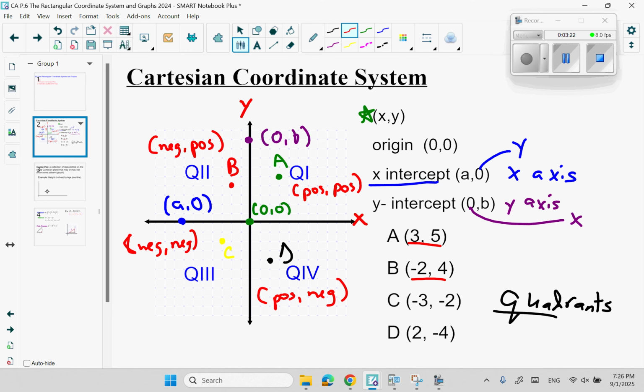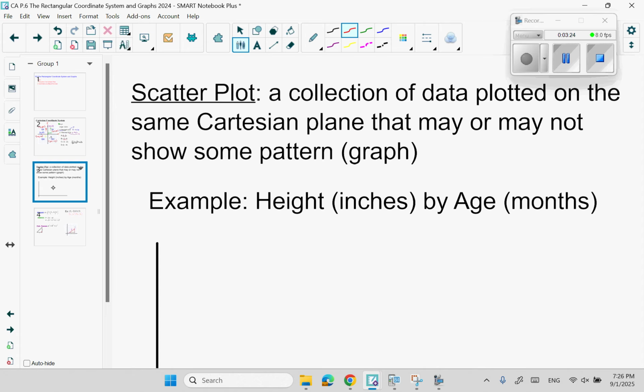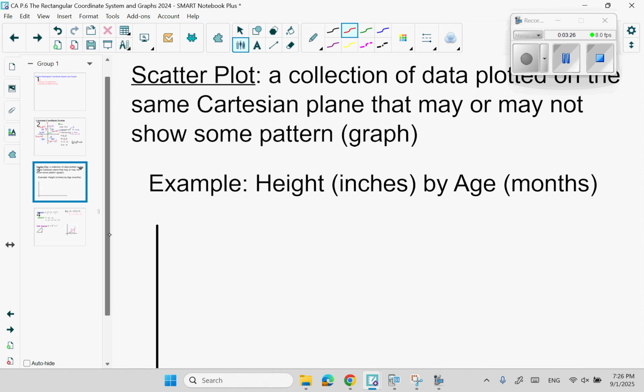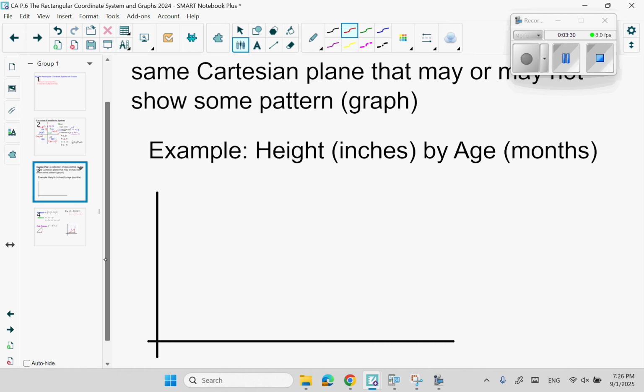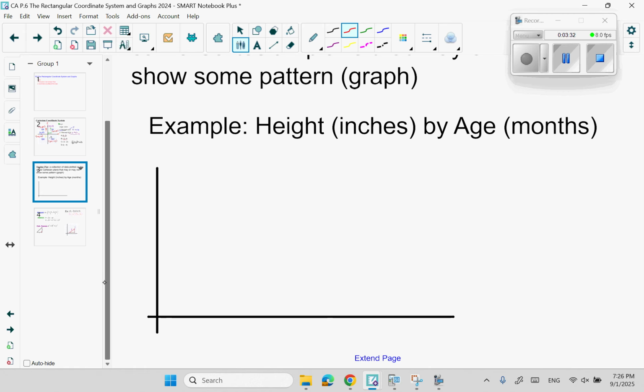Some other things you might see are what's called a scatter plot. A scatter plot could be on the Cartesian plane, which we can do with our calculators, but often it's a collection of data. So for example, height in inches by age.